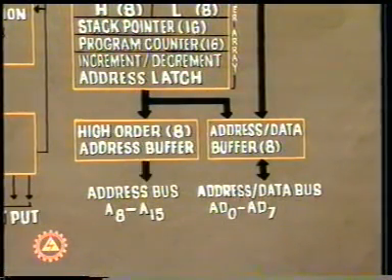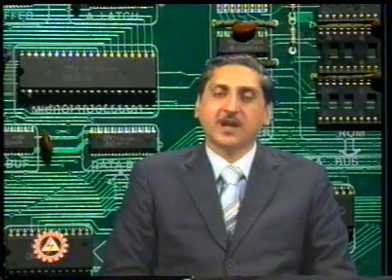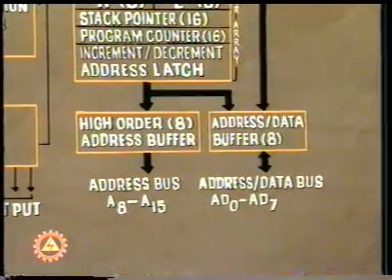External data and address bus are buffered. We have already seen that 8085A microprocessor uses multiplexed address data bus. The address is split between higher 8-bit address bus and the lower 8-bit address data bus.